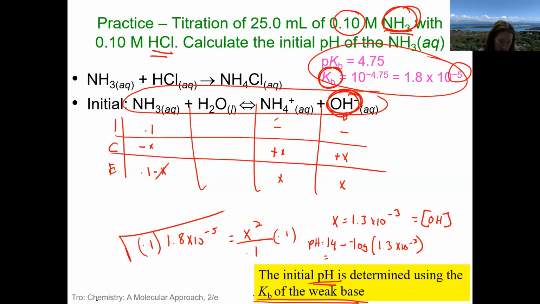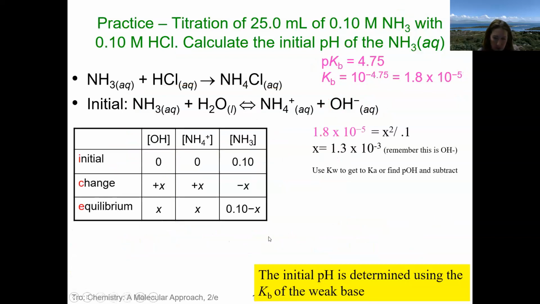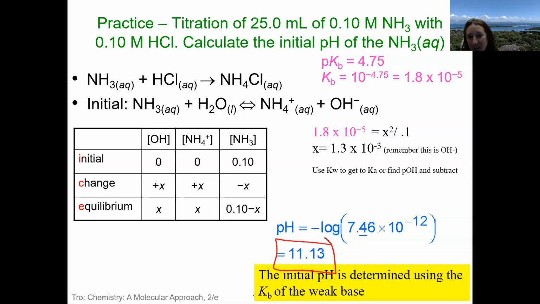Here's my ICE table, and we get 11.13. I solved it the long way, but you end up with the exact same answer. You can either use Kw or just find pOH. I just like to do pOH and subtract. This problem right here is just like the one you did on your quiz.